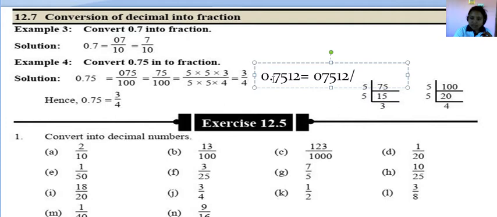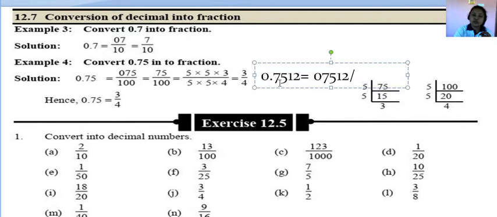After 75, how will we count? I'm just giving you another example. Don't think that this is the process of example number 4. This is just the example that I'm providing.